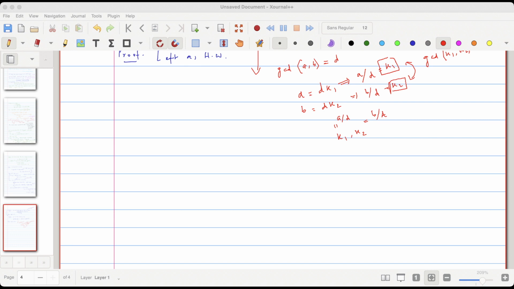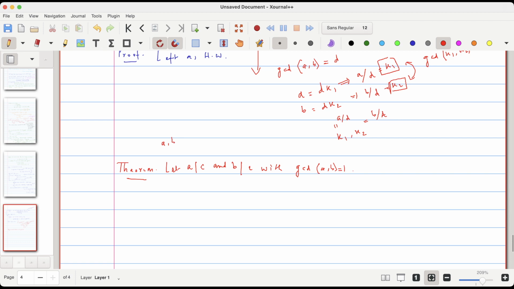Now we have another theorem. Theorem: let A divide C and B divide C, with the GCD of A and B being 1.